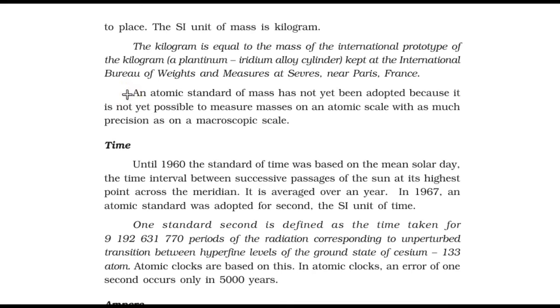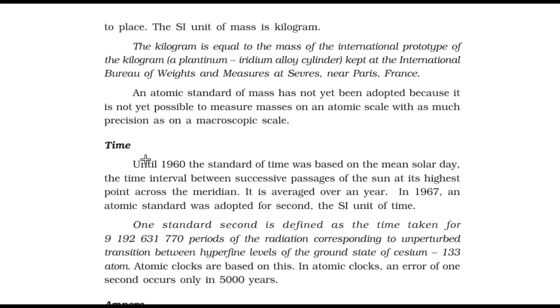An atomic standard of mass has not yet been adopted because it is not yet possible to measure masses on an atomic scale with such precision as on a macroscopic scale.